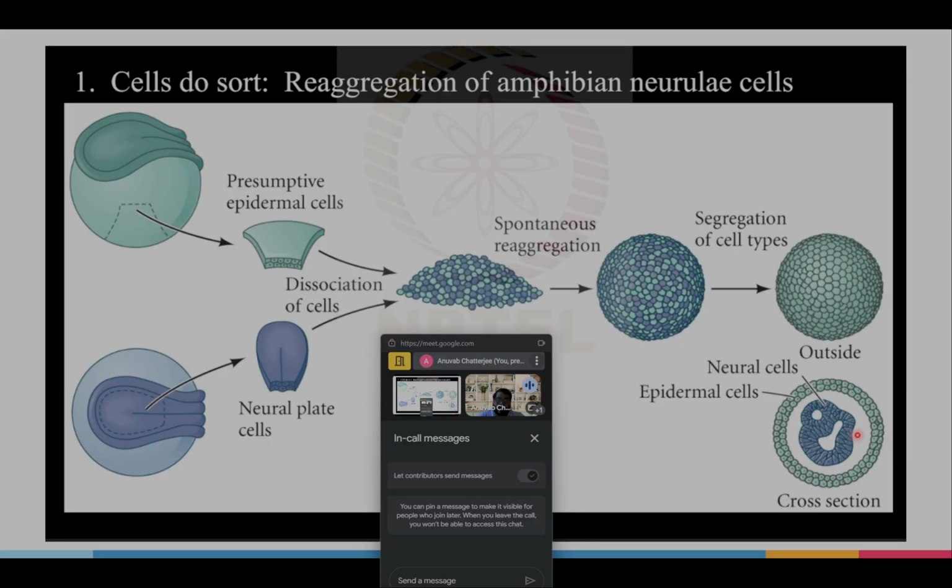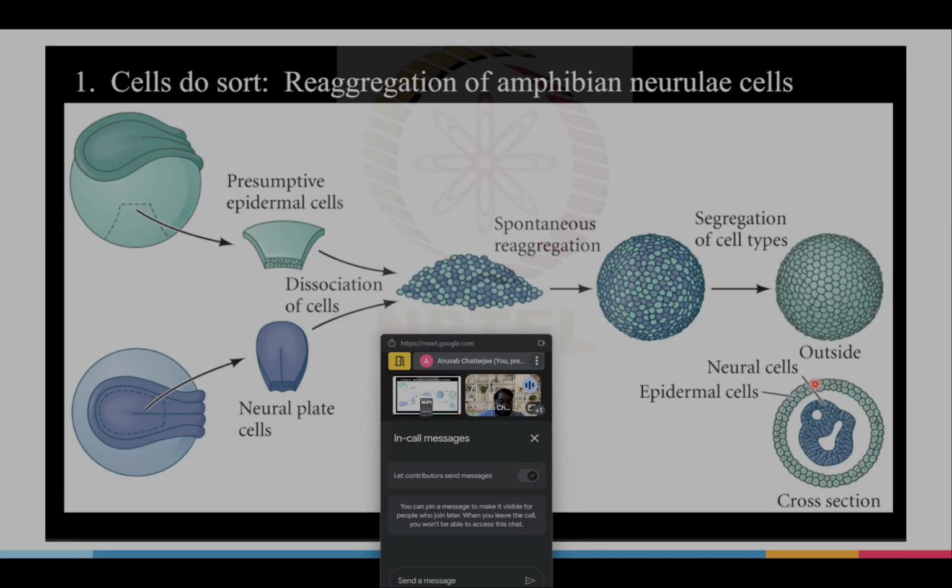So the idea here is that these cells somehow were able to maintain what association they had before they were dissociated. So the epidermal cells came back together, the neural cells came back together, and interestingly, they aggregated in a way that the neural cells were inside the epidermal cells, which is a similar situation as it happens in the embryo.